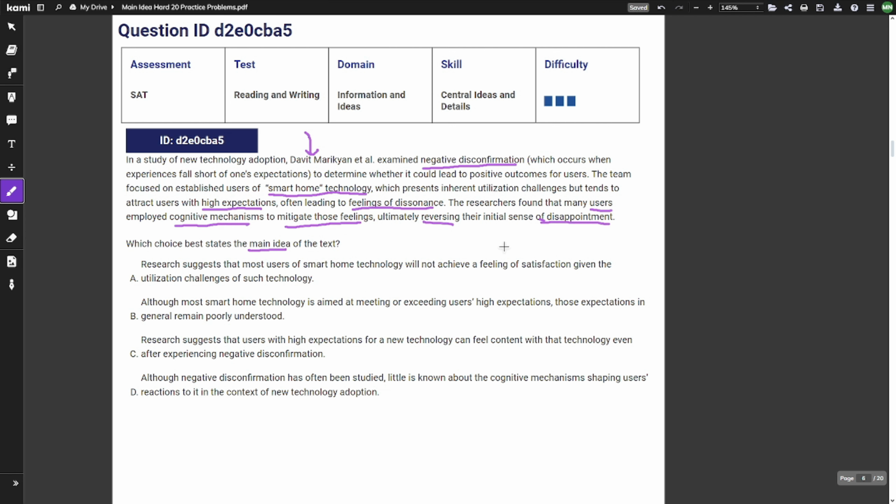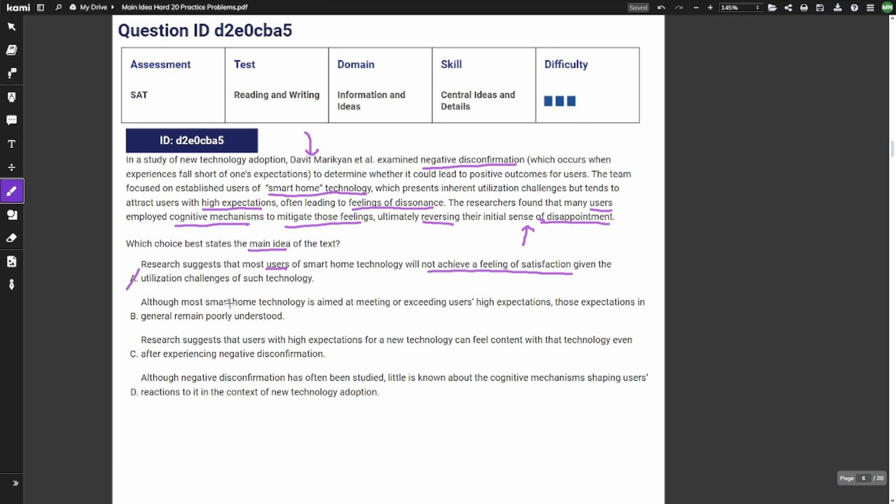So let's look at our answer choices and see what best matches. Here in A, it says that these users will not achieve a feeling of satisfaction. That's actually the exact opposite of what the text says. It says that these users are reversing their sense of disappointment. So basically, they are feeling satisfied. So it's not going to be A.